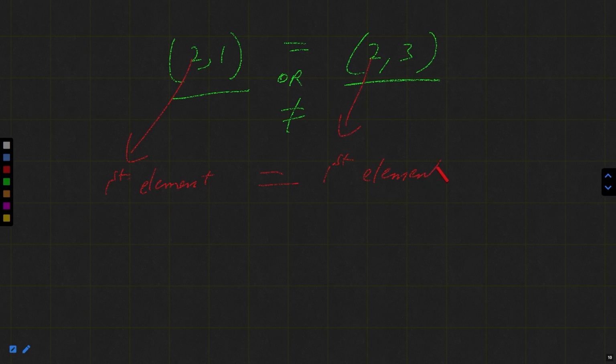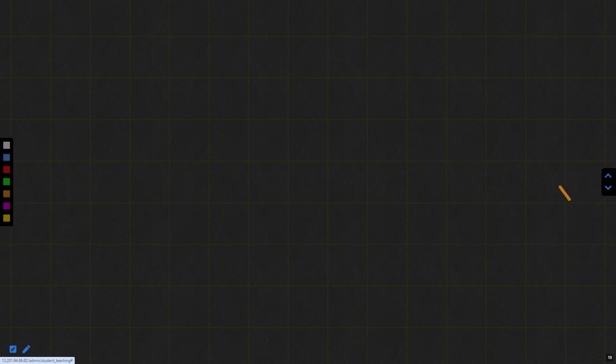Yes, but if you see the second element, it is not equal to the second element over here. So our answer would be: not equal. Now when do we say that the given two pairs are equal to each other?